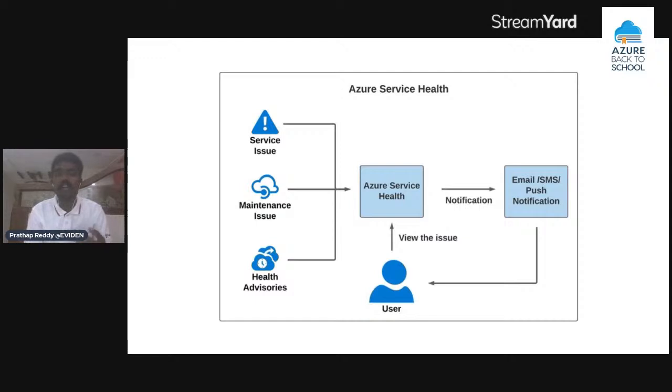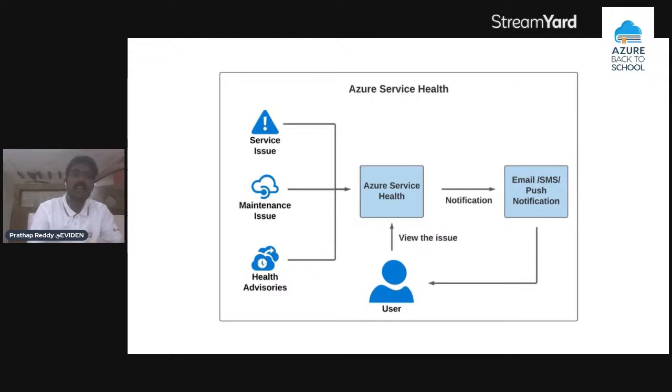For example, the user can give all the information about notifications by using email notifications, SMS notifications, and push notifications, so we have to trigger the alarm, and the alarm will be sent as an email or SMS. Azure Service Health will provide this type of information, like service issues.